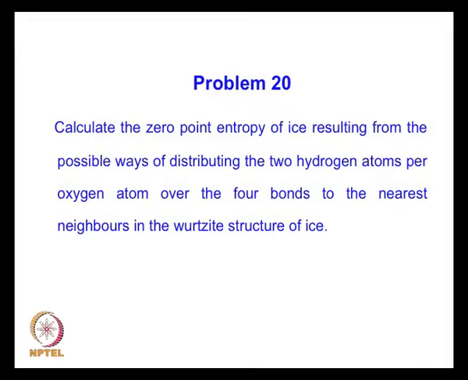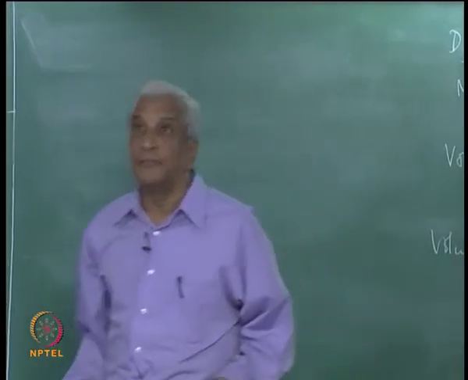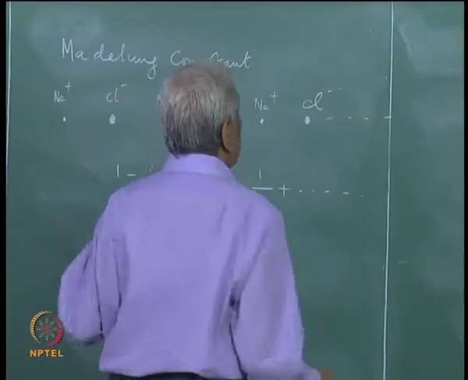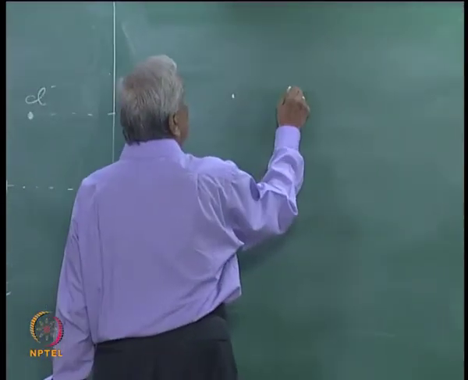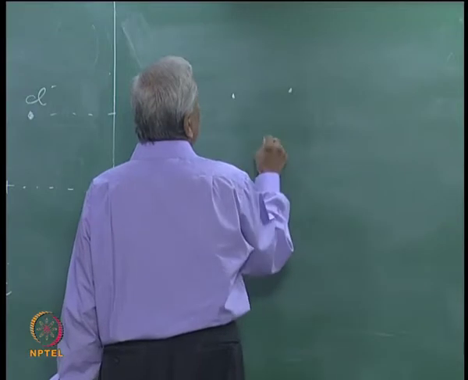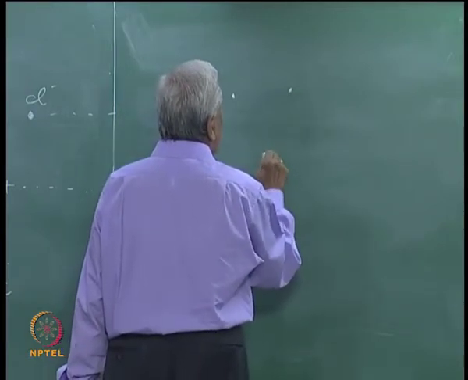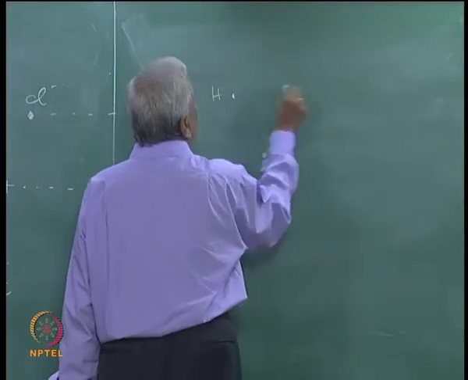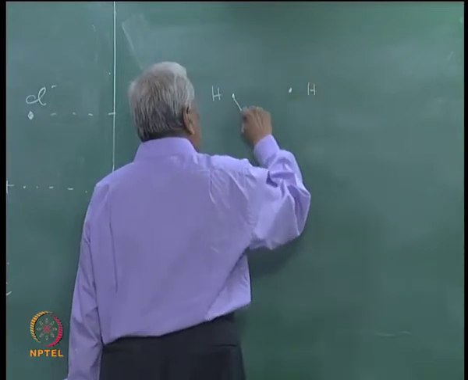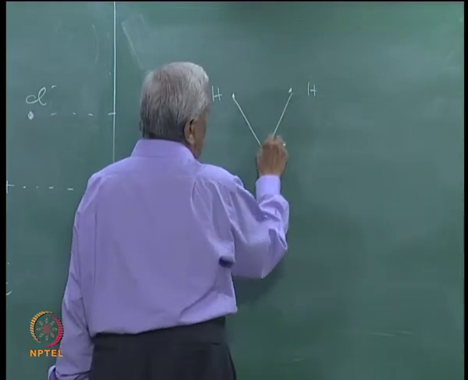The next problem is a rather interesting situation, which is associated with the fact that the hydrogen bonds in ice have two positions. If you consider water molecules in ice, you have 2 hydrogen atoms and 1 oxygen atom, and so I have an OH bond and another OH bond.